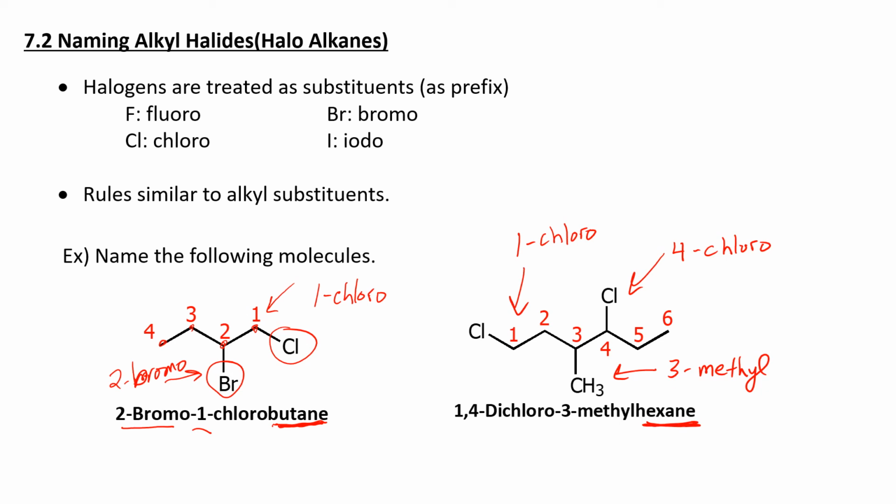Now we're going to put these in alphabetical order. Remember, chloro comes before methyl, but we do not include the di alphabetically. Remember, isopropyl was the only exception. So what we're looking at for alphabetizing this is chloro and methyl. And because there's 2 chlorine substituents, we have to tell our reader that we have a chlorine at the 1 position, at the 4 position, and that there's 2 of them, so we say 1,4-dichloro, and then 3-methylhexane.